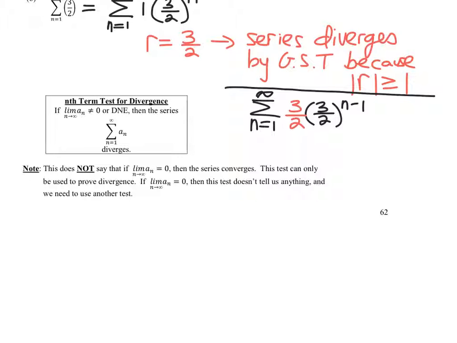So if the limit of the sequence as n approaches infinity is something other than 0, or it is equal to DNE, so not equal to 0 or it does not exist, then the series diverges, all right? So basically, if you get a number, so if you get some finite value, or if you get DNE, then you're looking at a diverging situation.